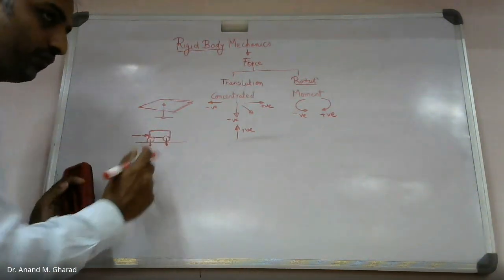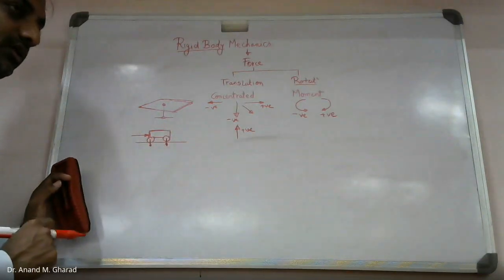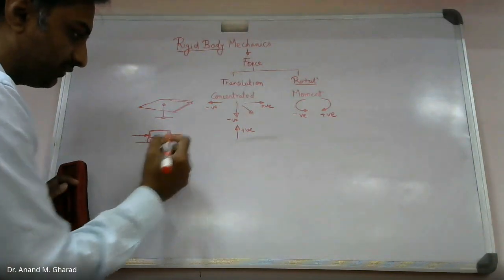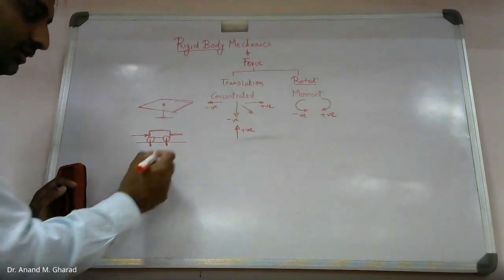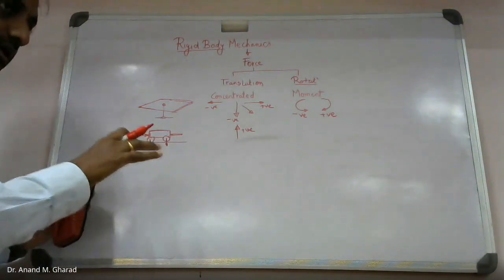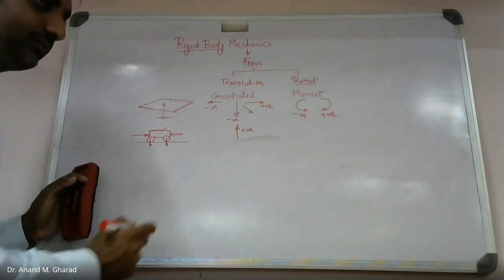Therefore, whatever force you are applying can be treated as a concentrated force. Also, if there is a rope connecting this vehicle and you are trying to pull this rope, again the same force, right? Such forces are available and are responsible for the motion of this rigid body.